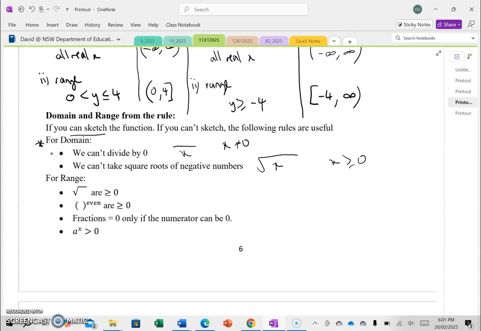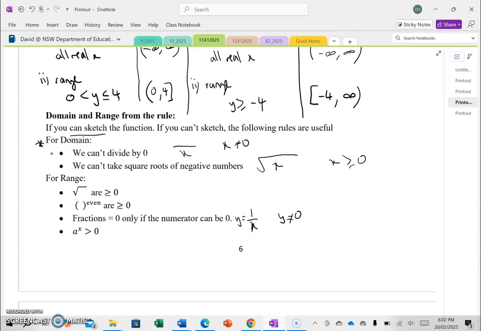So there are some big tips for working out the domain just from a rule. For range, square roots of real numbers are greater than or equal to 0. Any real number raised to an even power is greater than or equal to 0. Fractions can only equal 0 if the numerator is 0. So if you've got something like y equals 1 on x, there's no way that y can equal 0 because that fraction has a non-zero on the top.